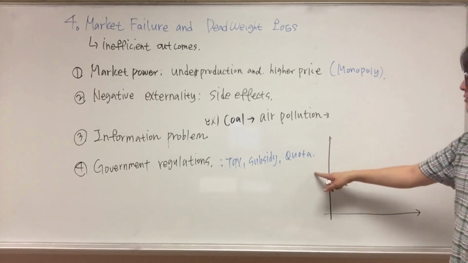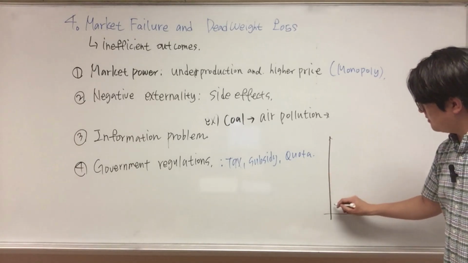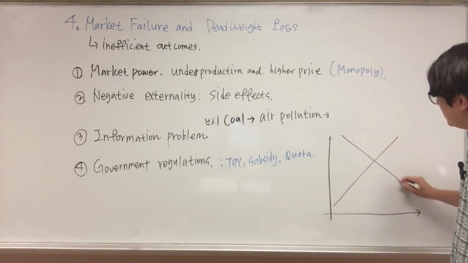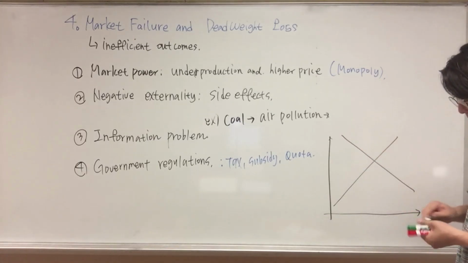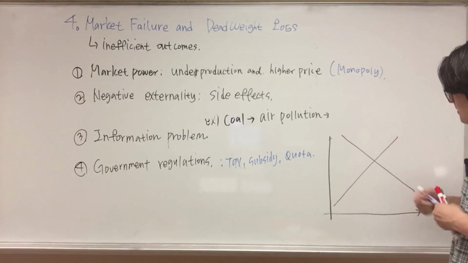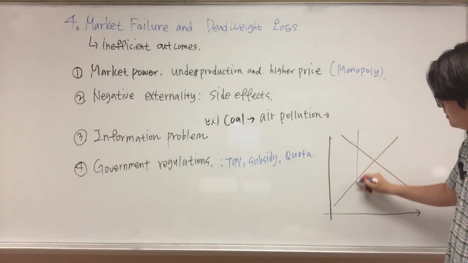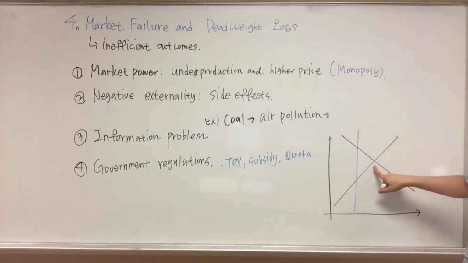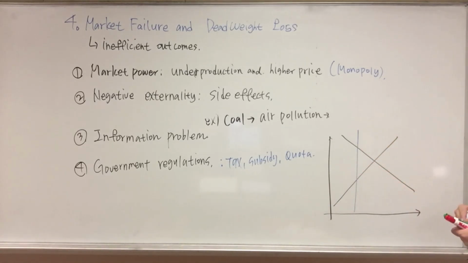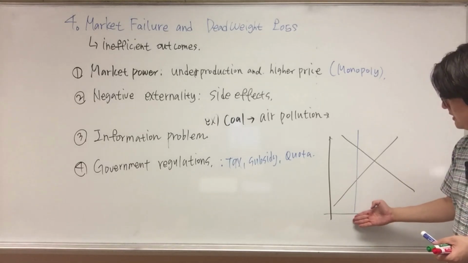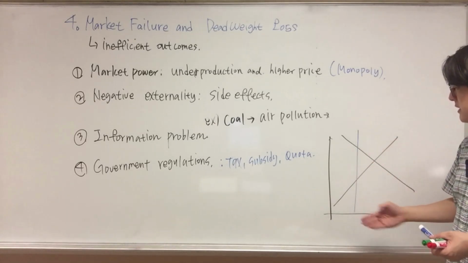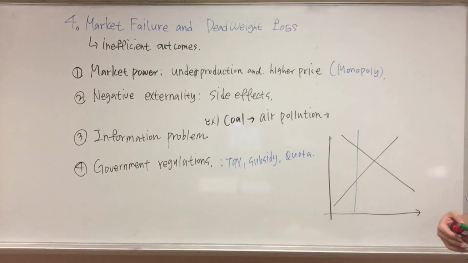your quota is to restrict the quantity, right? So where is the restriction line? In here, to the left of the equilibrium point, right? So at this point, they restrict the quantity. So what happens?